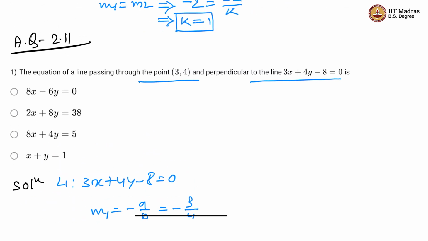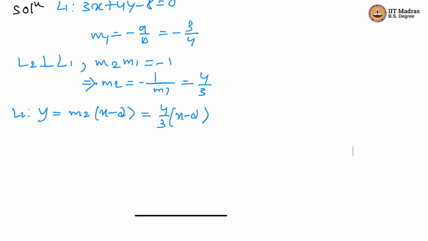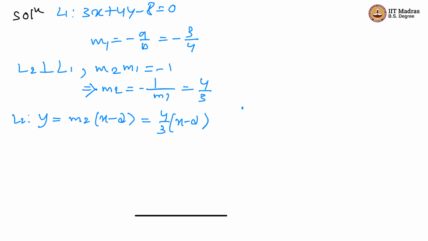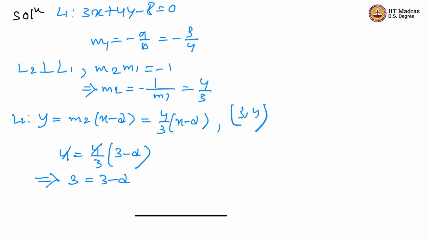Now we are given that line 2 passes through the point (3, 4). So we can put (3, 4) into this equation, right? So it will be 4 equals 4 over 3 times 3 minus d, right? So we will get 4 equals 4 minus d.